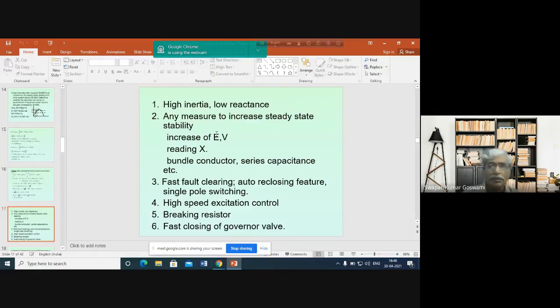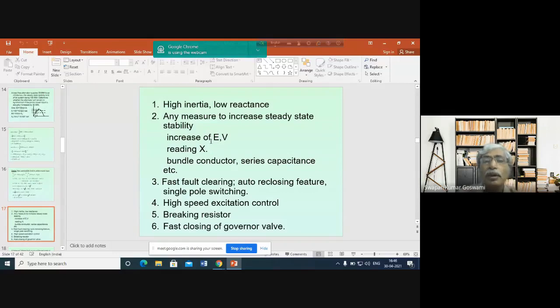This is the requirement, and if this can be done, the induced EMF will have the required value. Okay. Then these are the methods for improving the steady state stability, you can say. And therefore, they will improve the transient stability as well. How?